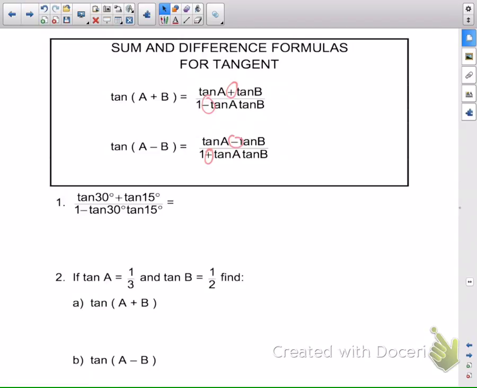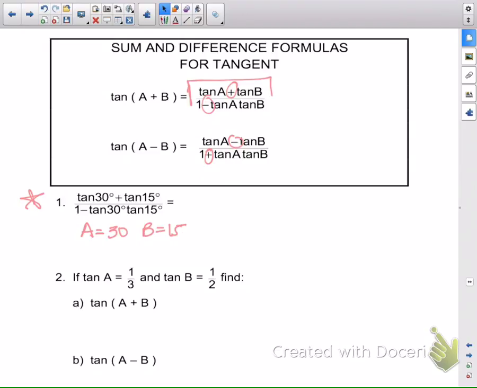So the only question we're doing on this page is 1. Okay, 1 looks the most like which formula, the top one or the bottom one? Top, because it has a plus sign on top and a minus sign on bottom. If I'm using that, that means according to these formulas, what's my A value? 30. What's my B value? 15.